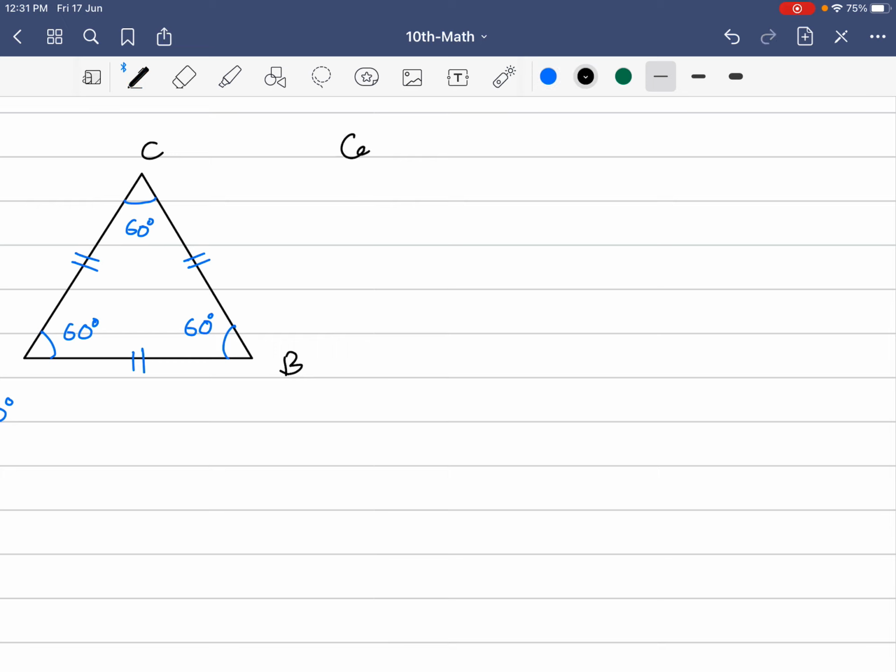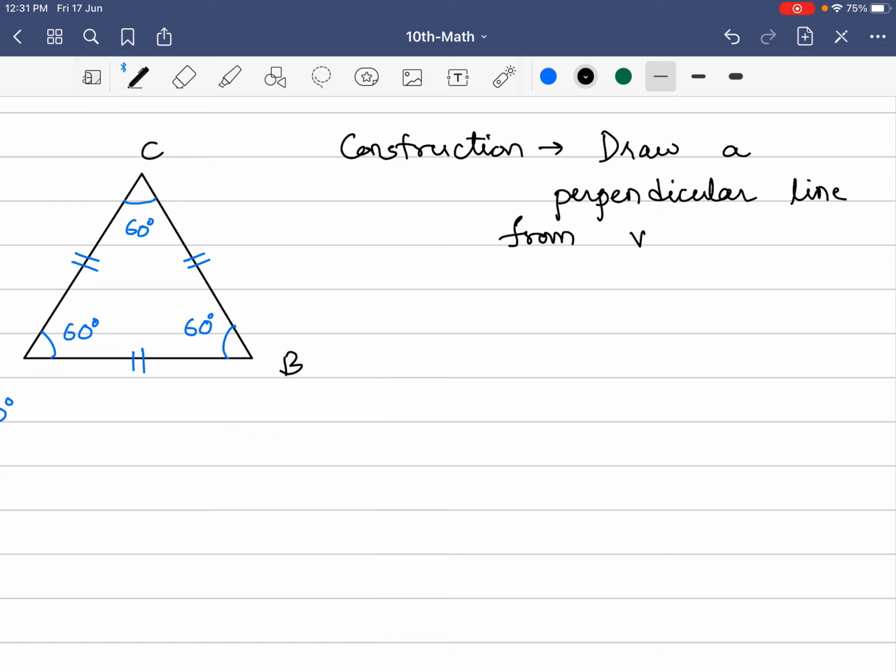What is the construction that we are going to do? The construction is to draw a perpendicular line from vertex C to the base of the triangle, the base AB.